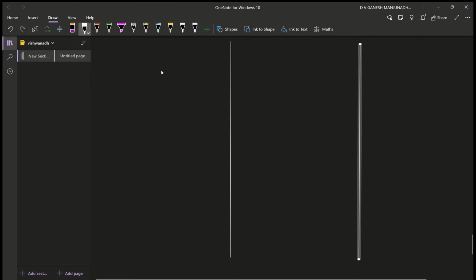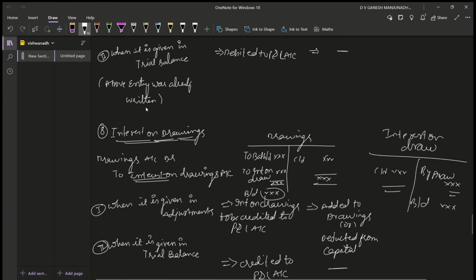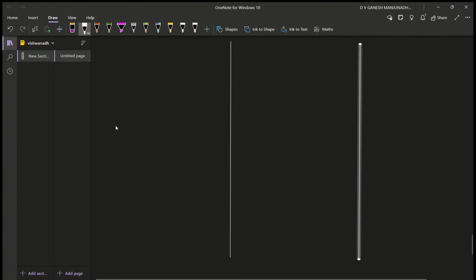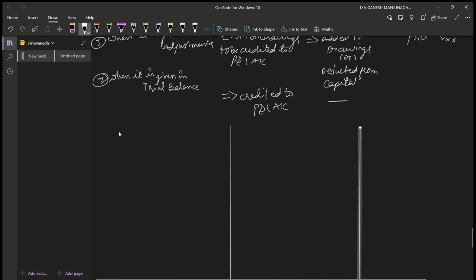Now the 8th adjustment entry we have completed, and let us now take the 9th adjustment.